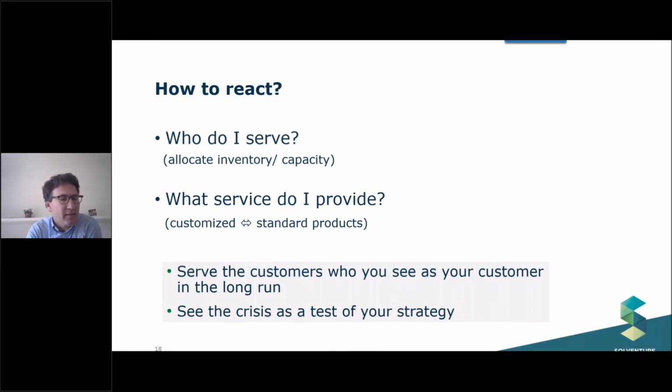And one of the guidelines I believe we should all have is that we do want to serve the customers now who we see as a customer into the long run, into the future. I think that's the first one to keep in mind. Second, it's good to see the crisis as a test of the strategy. And what does that mean?